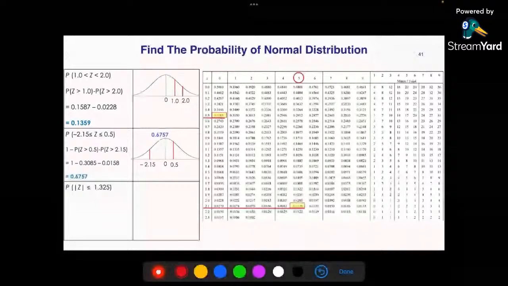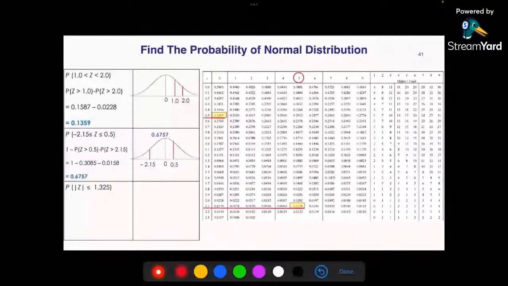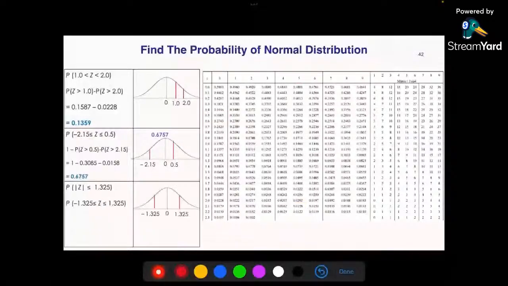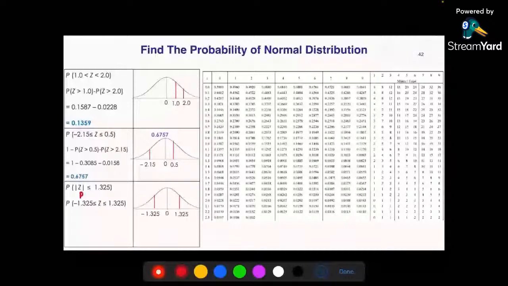Okay, now kita pergi to the last one here. Okay, what happen kalau kita ada nilai melibatkan modulus? So bila modulus, we want to eliminate the modulus tu, kita akan jadikan dia sebagai Z kan, less than 1.325 dan dia juga akan jadi P, dia akan jadi juga macam ni lah, in between negatif 1.325 dengan 1.325.